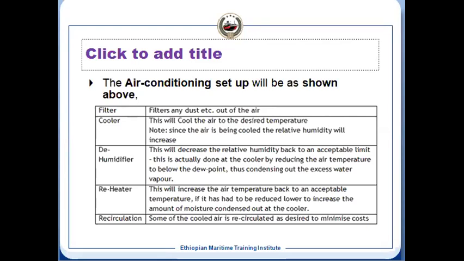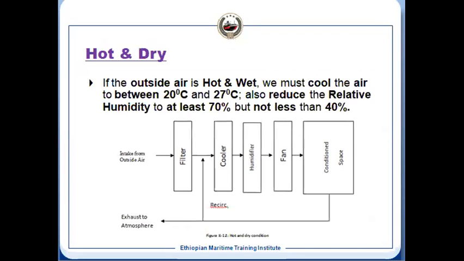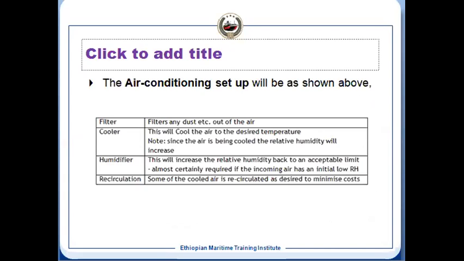The next is the last condition. What is that? That is the hot and dry. Once it is hot and dry, then what will happen? Irrespective of the outside condition, we have to maintain this temperature point the same. This is the filter, and the filter is common. In this case the cooling is the same. We reduce to a desired value, and then humidification, because here it is dry air.